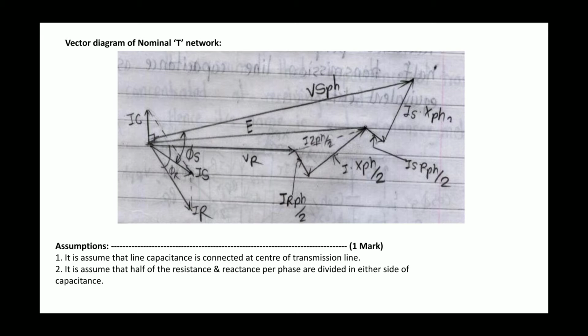So here also, this one is the current which is in phase, and this is the 90-degree lagging. When this part is completed, we have VR plus IRPH divided by 2, plus XPH divided by 2. The vector addition of VR plus IRPH divided by 2 plus IXPH divided by 2 is equal to E.